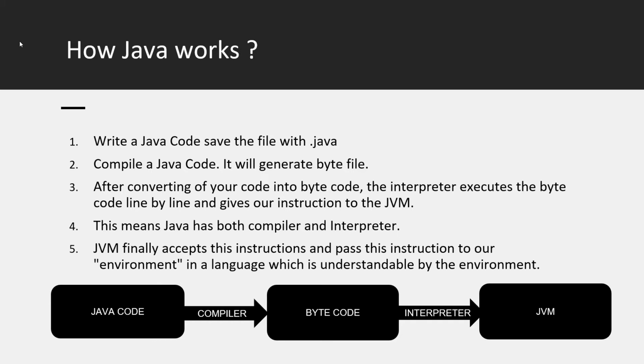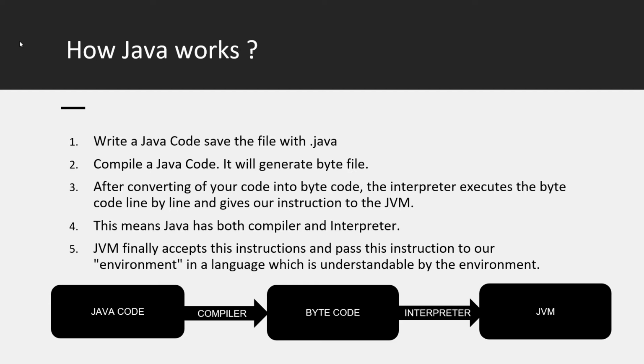So Java uses both a compiler and an interpreter. What is a compiler? What is an interpreter? In terms of functionality, they do the same work. However, there's slightly a difference. A compiler compiles your code completely. For example, there are thousands of lines written in your file. It will compile and give you output, either in terms of errors or a specific output. In contrast, an interpreter goes line by line.